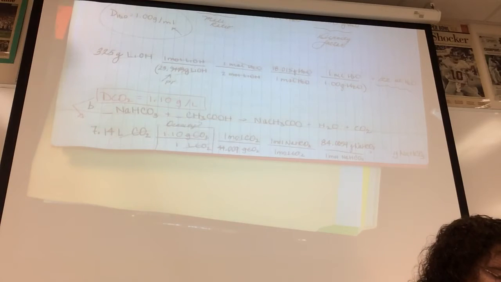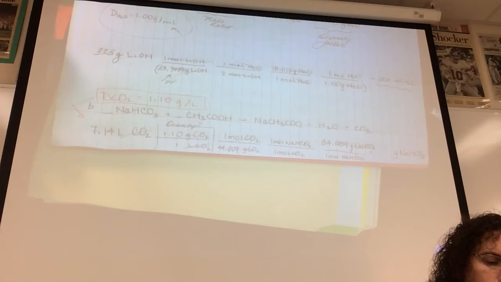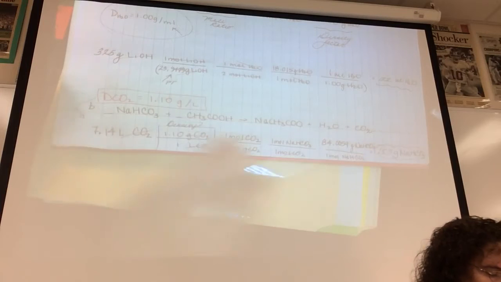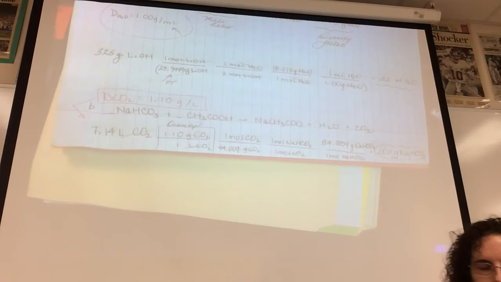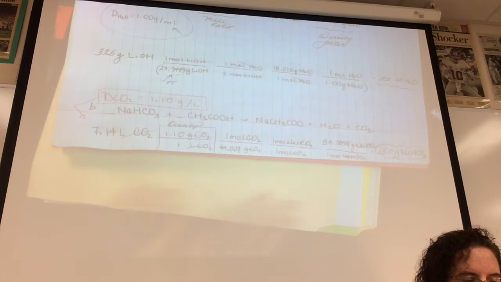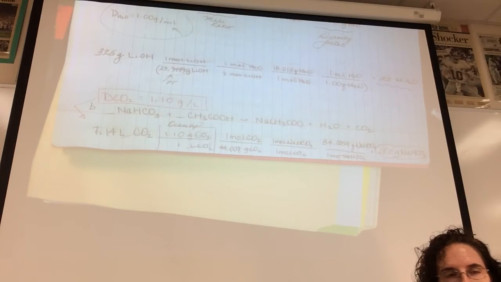So you have 7.14 times 1.1 times 84.0059 divided by 44.009, and that's going to be 15.0 grams of sodium bicarbonate. And again, if you let your units drive your problem, you should be highly successful with these types of calculations.